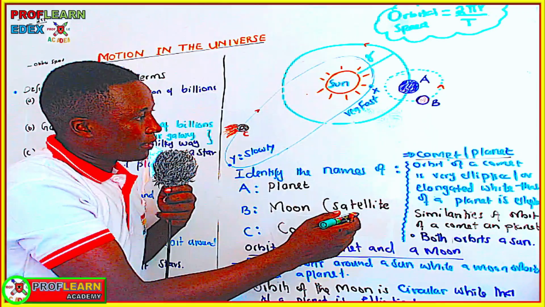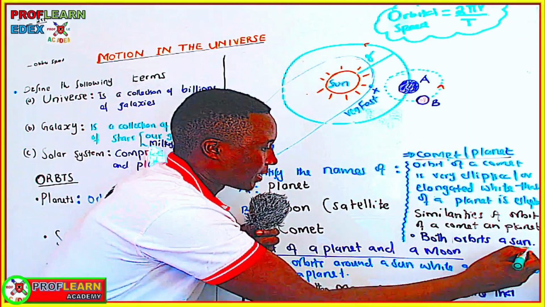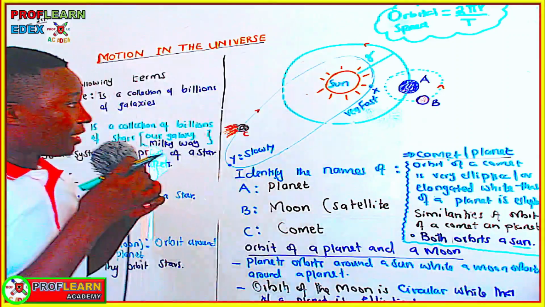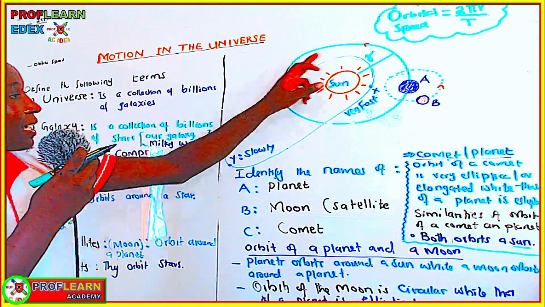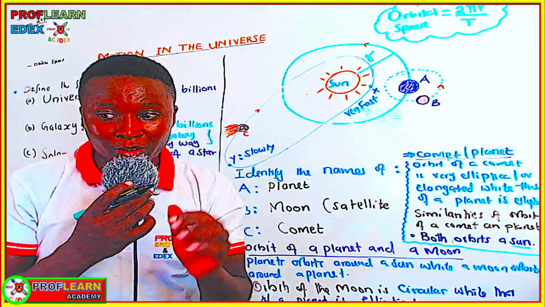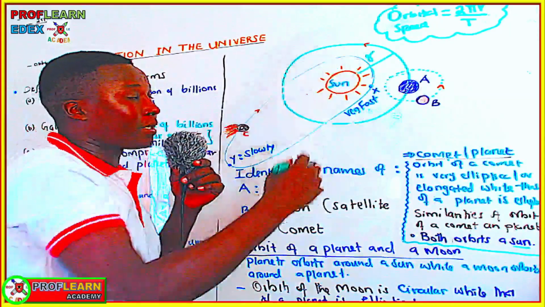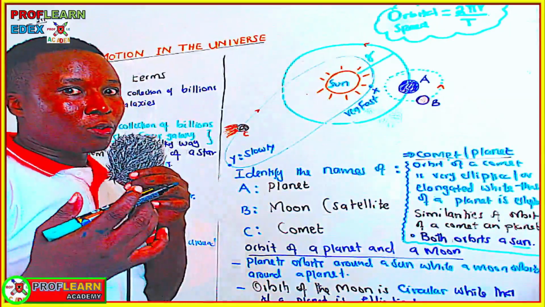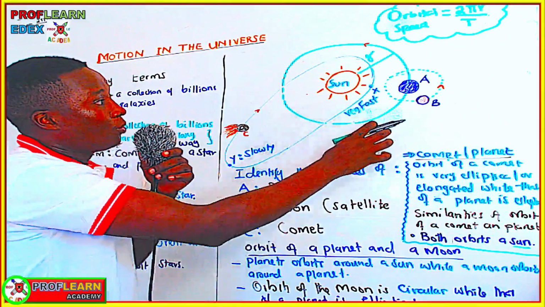The difference is that the speed of a comet around its orbit varies depending on the position where it is, but the planet has a constant speed around its orbit.